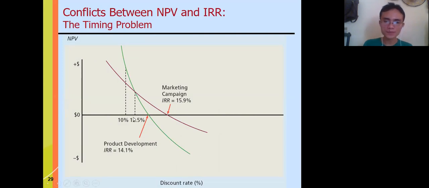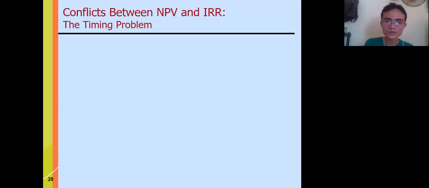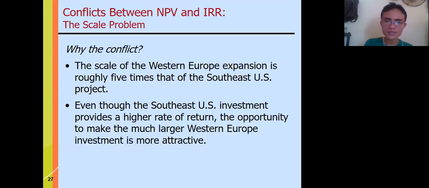And then these are the IRRs respectively, and 10% and 12.5% are the respective rates in the project.